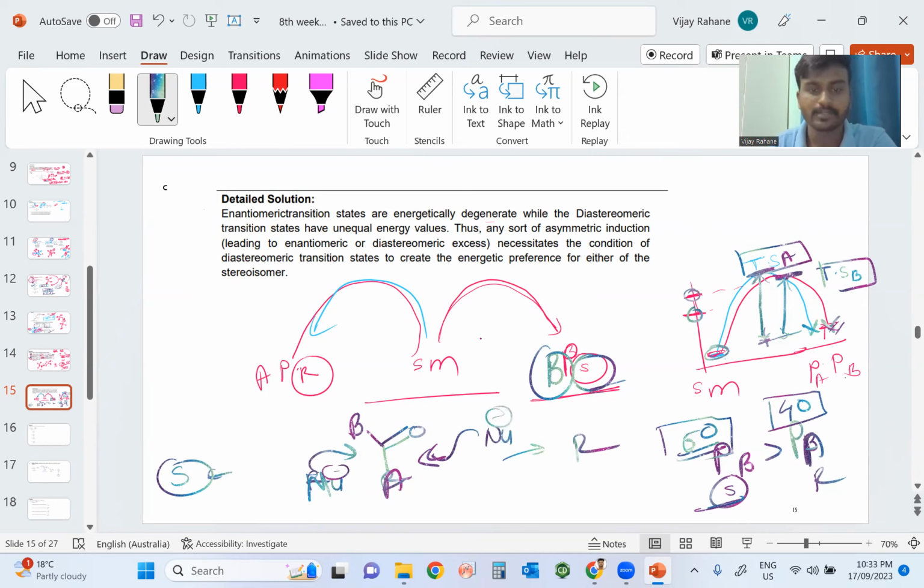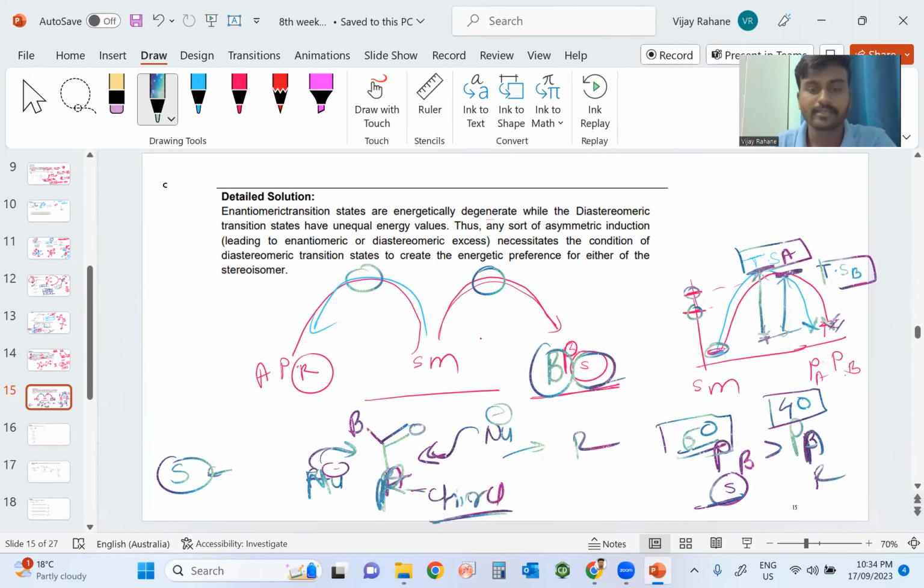After the nucleophile attacks, we get this kind of transition state, whether the attack is from this side or this side. So based on this, there will be some energy difference between attack from this side or this side, and this energy difference will happen when these adjacent groups are chiral. So this also you have to keep in mind.